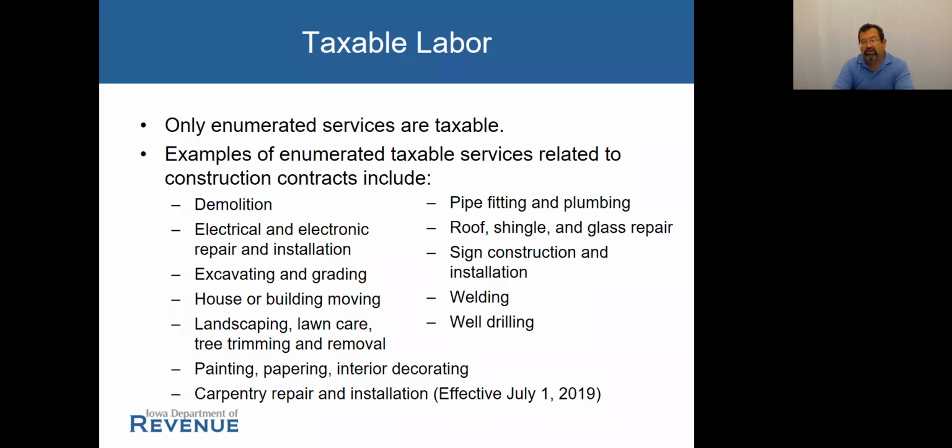In the construction industry, there are several enumerated taxable services, such as demolition, electrical and electronic repair and installation, excavating and grading, house or building moving, landscaping, lawn care, tree trimming and removal, painting, papering, interior decorating, pipe fitting and plumbing, roof shingle and glass repair, sign construction and installation, welding and well drilling. And there was a change effective July 1st this year. Carpentry repair and installation is subject to tax.